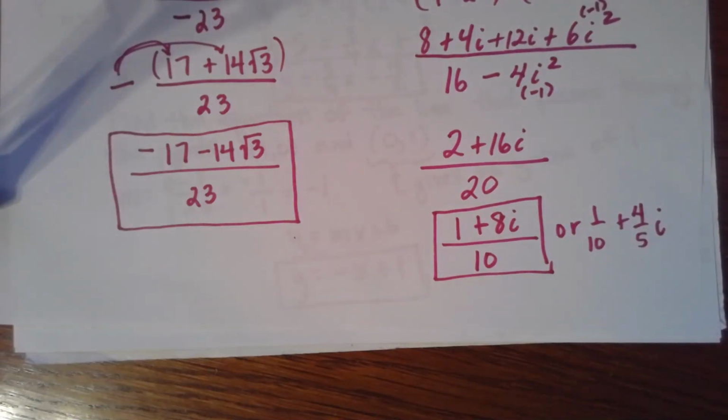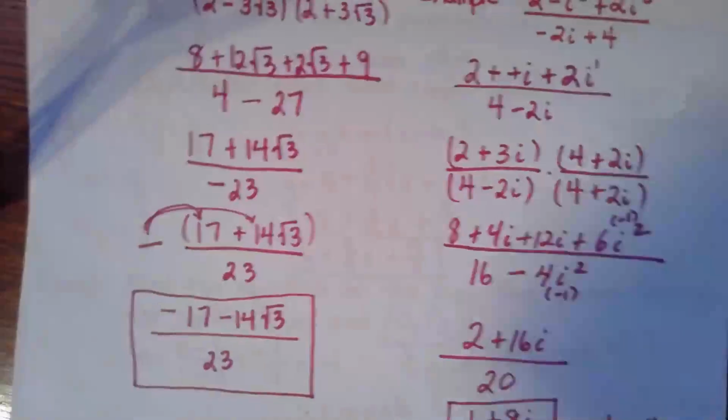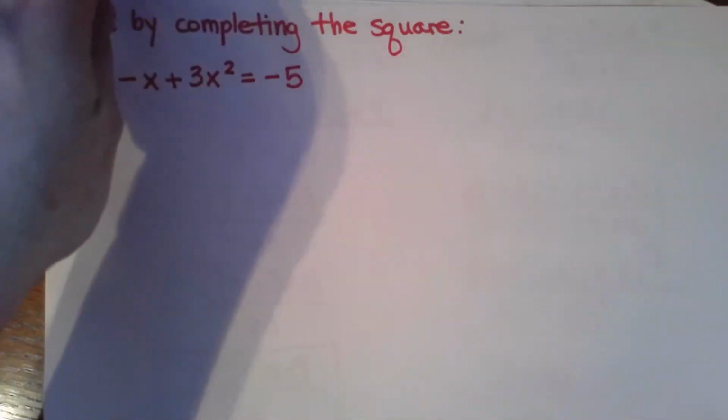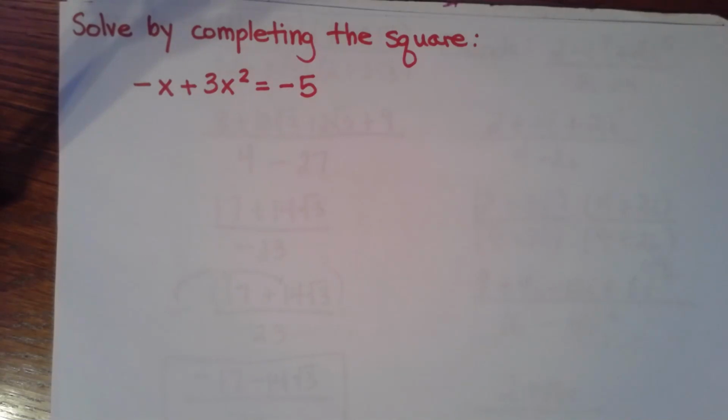All right, the last thing that we want to review is completing the square. Okay. And so we might want to solve an equation by completing the square. So let's recall how to do that.